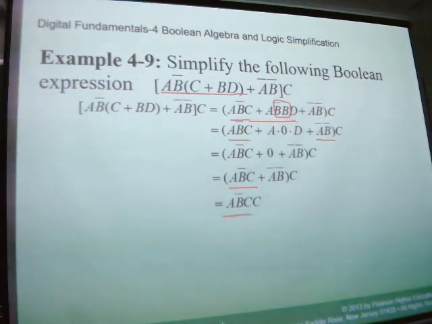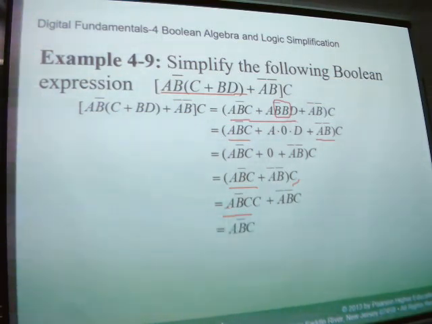AB bar C. According to the distributive law, AB bar C and C plus A bar B bar C, right?